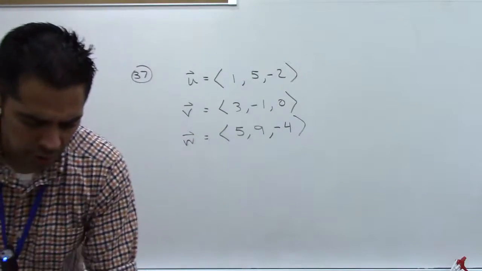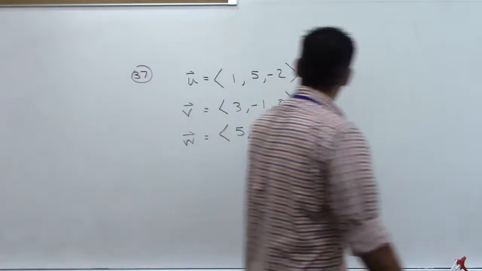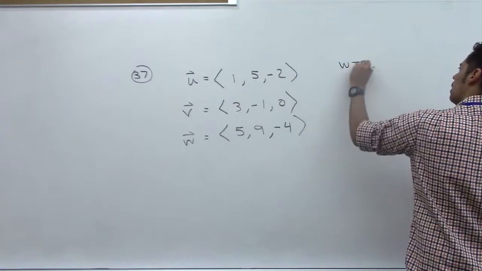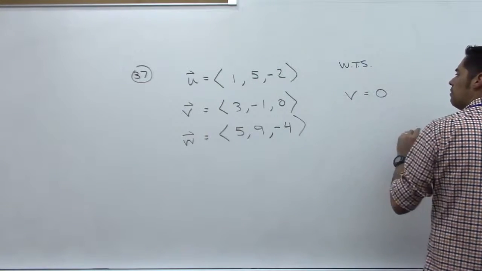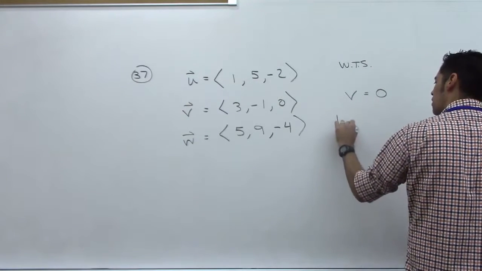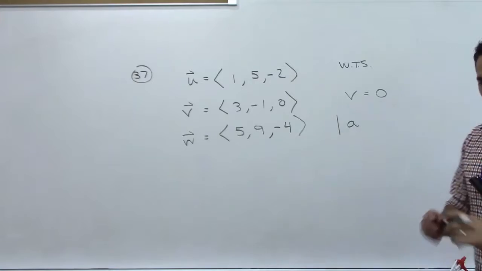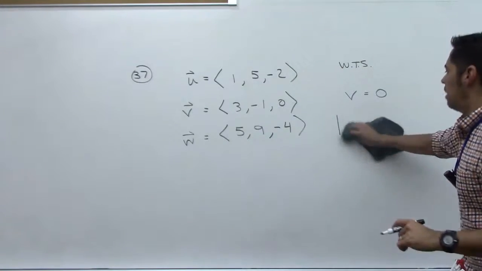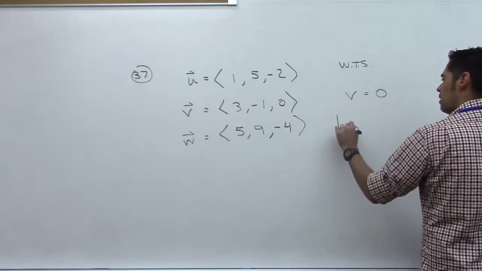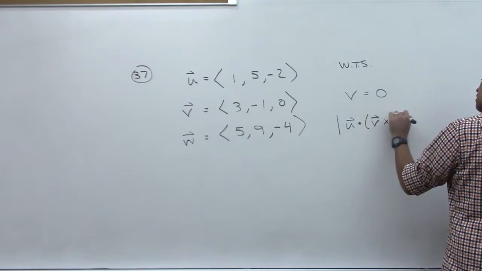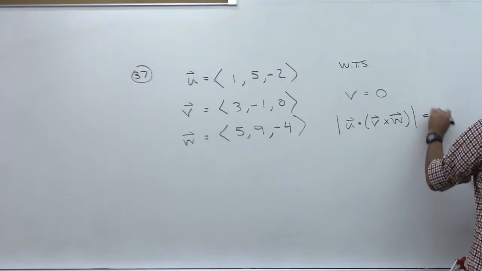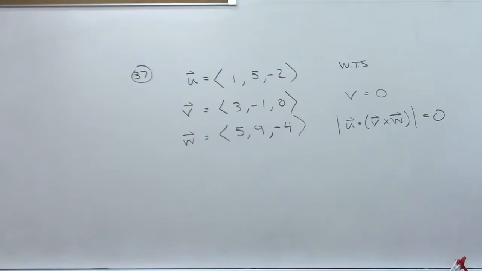So what I want to show here is that the volume is equal to 0. So I want to show that the absolute value of, now I'm not going to use ABC, but I'm using the triple product here, U dotted with V crossed with W, I want to show that that is 0. If I can show that, then they must all live in the same plane.